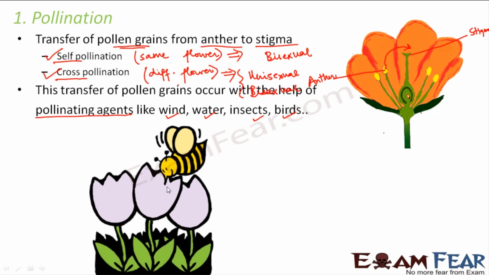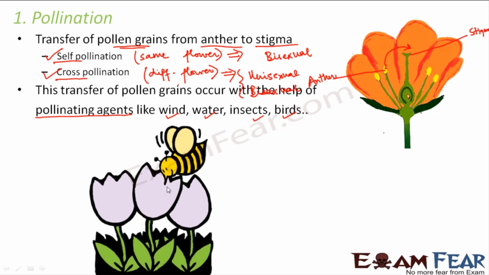Looking at the colorful petals of the flowers, bees get attracted. When bees reach the flower, they carry the pollen grain from that flower and take it to the stigma of another flower or to the same flower. Not only bees, there are several other insects which you would have seen hovering around the flowers. Also when there is wind blowing, the pollen grains might get shifted from the anther to stigma by wind or by water, by insects or birds. So these are some of the pollinating agents.